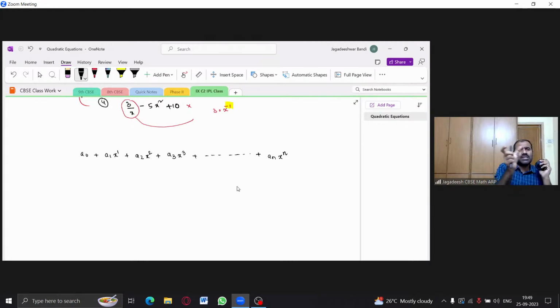Like that, each individual one is called a term. Okay, fine. So see children, here a naught, a1, a2, a3 and so on, an are called coefficients.